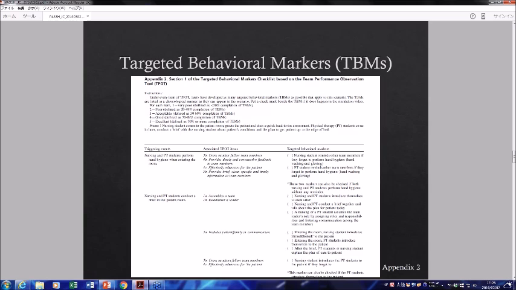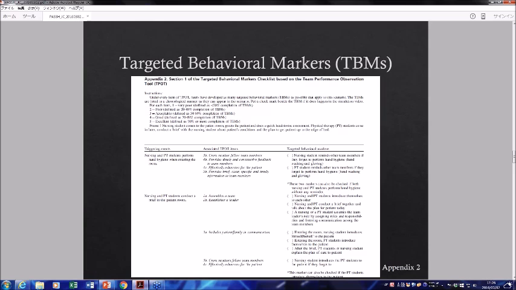This was developed by this research group, and you can see it more closely if you have the handout. This is from Appendix 2. On the right side, there are some specific target behaviors for not only nursing students, but also PT students.